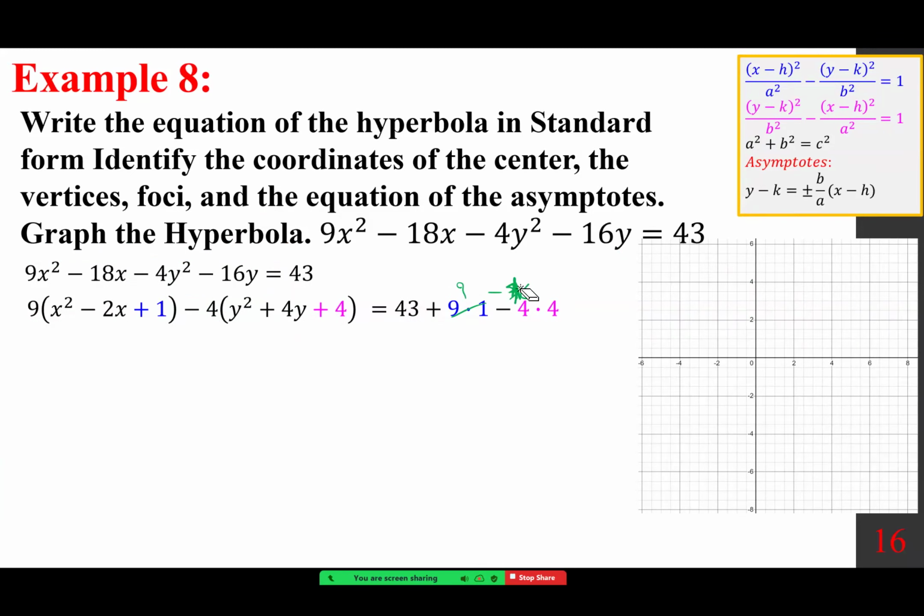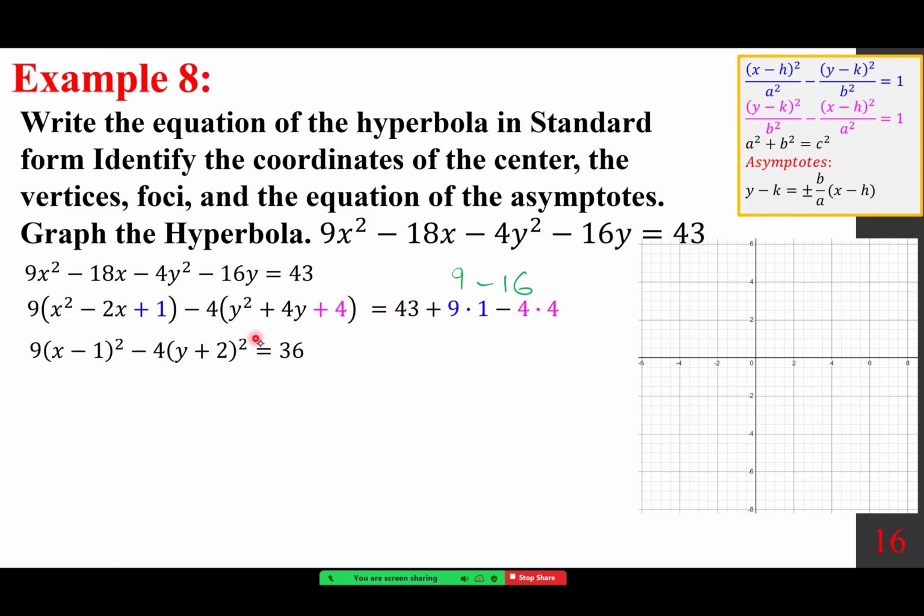So 43 plus 9 minus 16. That means 52 minus 16, or 36. On the left side, we have 9 times x minus 1 quantity squared minus 4 times y plus 2 squared.